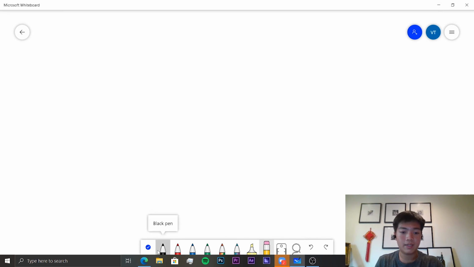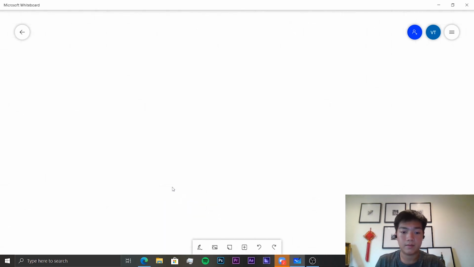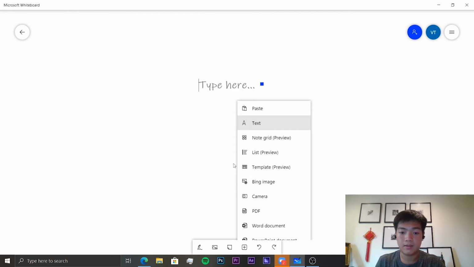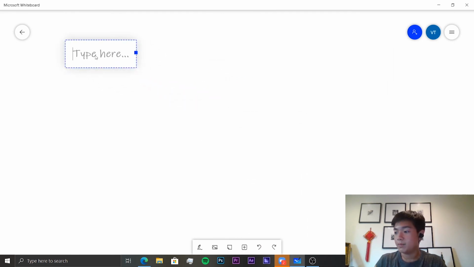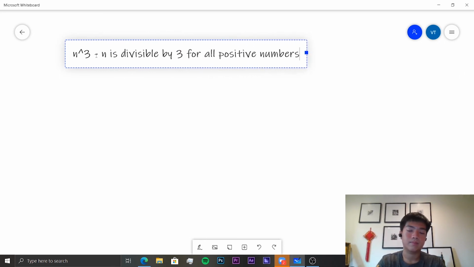And for our final statement, we need to prove that n cubed minus n is divisible by 3 for all positive numbers. How would we do this?